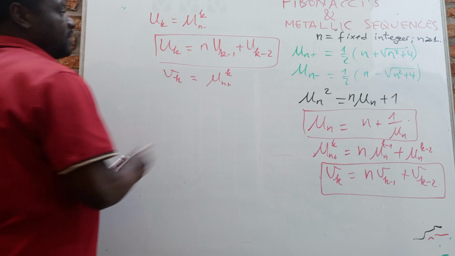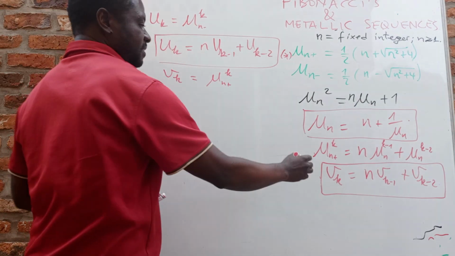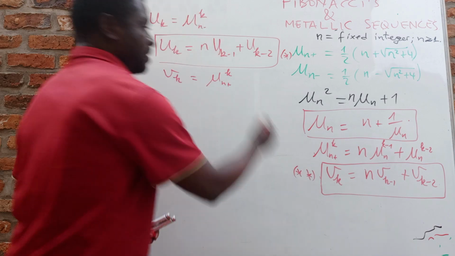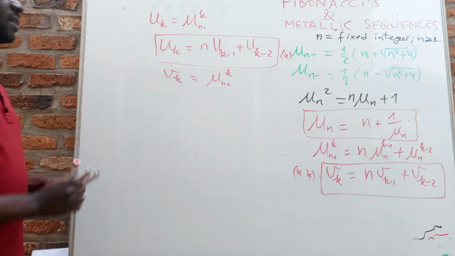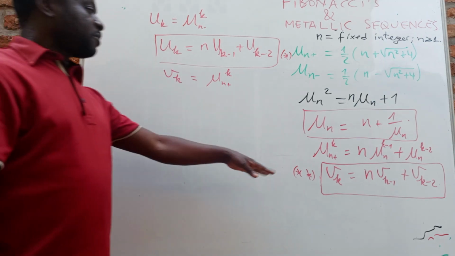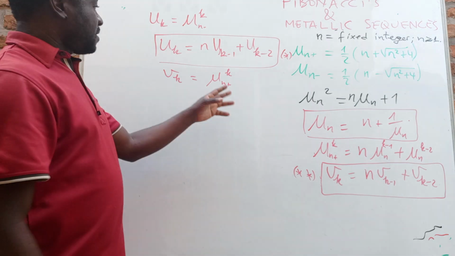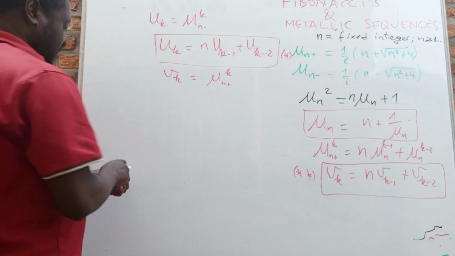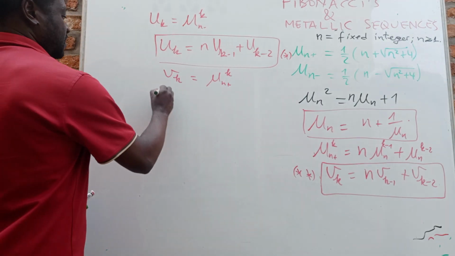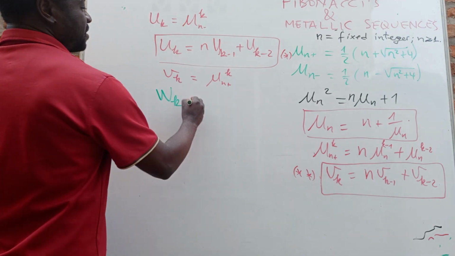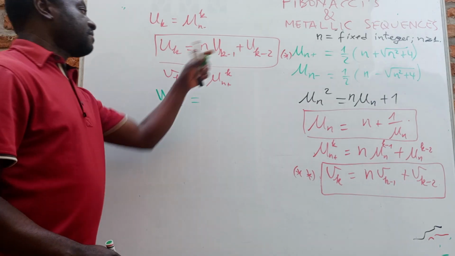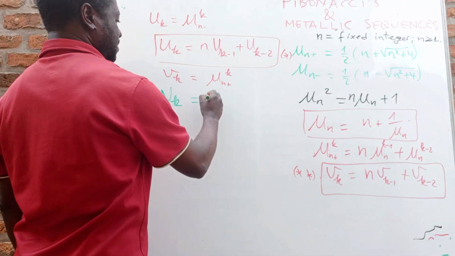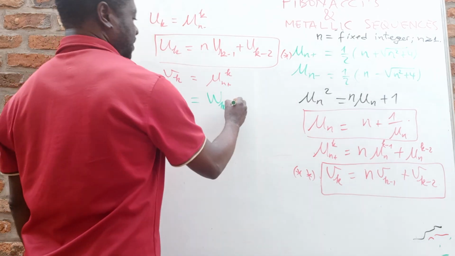If you combine these two relations, by the superposition principle, we can obtain another sequence, say wk, which is a combination of those two and verifies the same property: wk equals n times wk minus 1 plus wk minus 2.